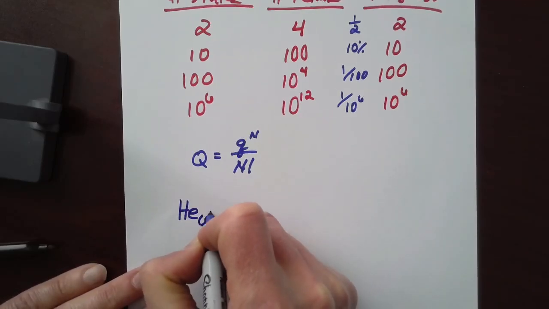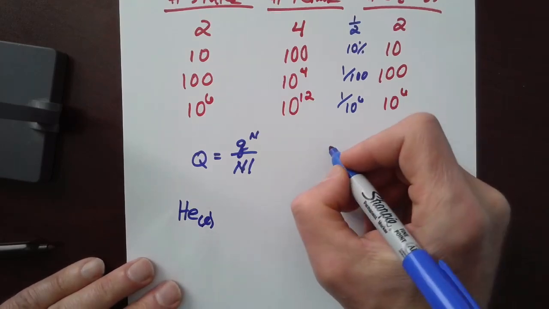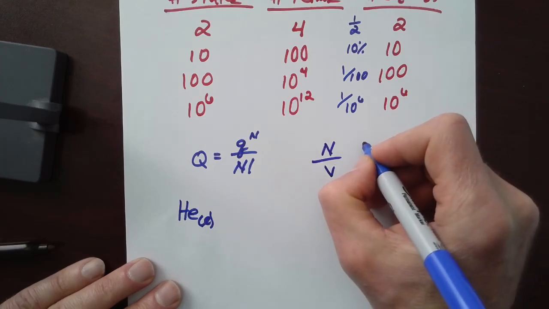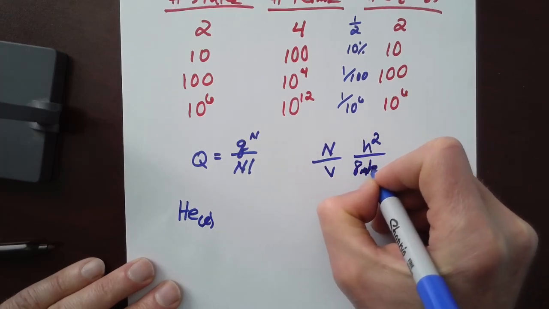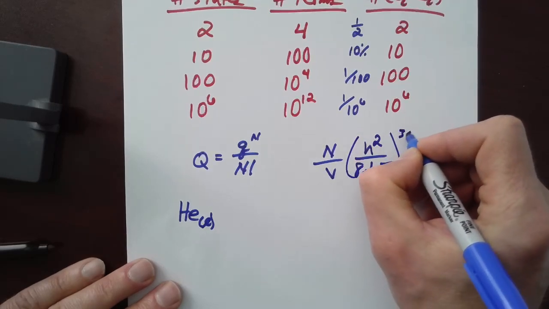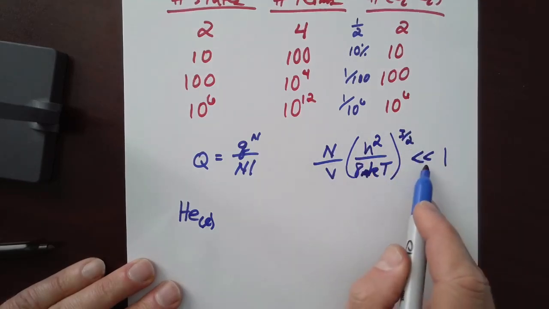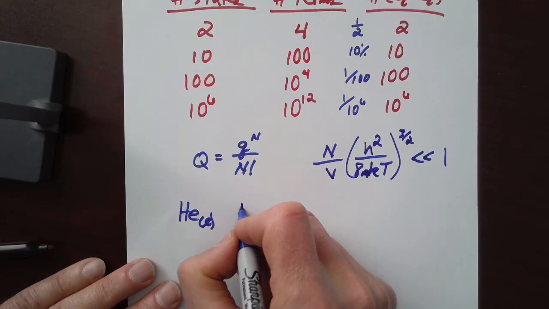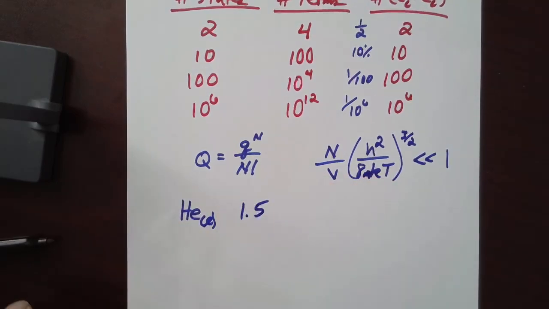Liquid helium. This is a good approximation if the following inequality holds: if all of this stuff multiplied together is less than 1. For liquid helium, that stuff is 1.5, so this is a terrible approximation.